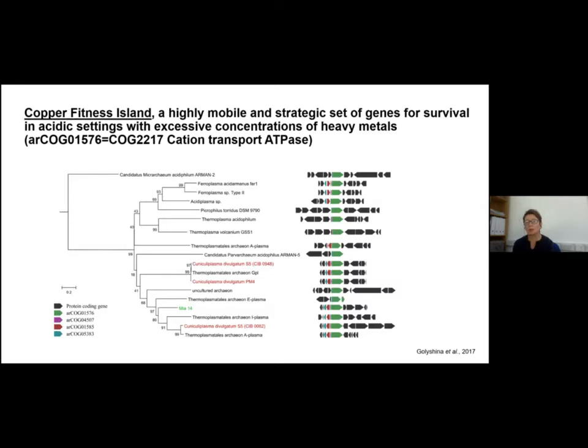They have metallochaperone genes, heavy metal reductases, mercury(II) reductases, and also ArsA, B, and R family proteins, which are also quite important for heavy metal resistance mechanisms.